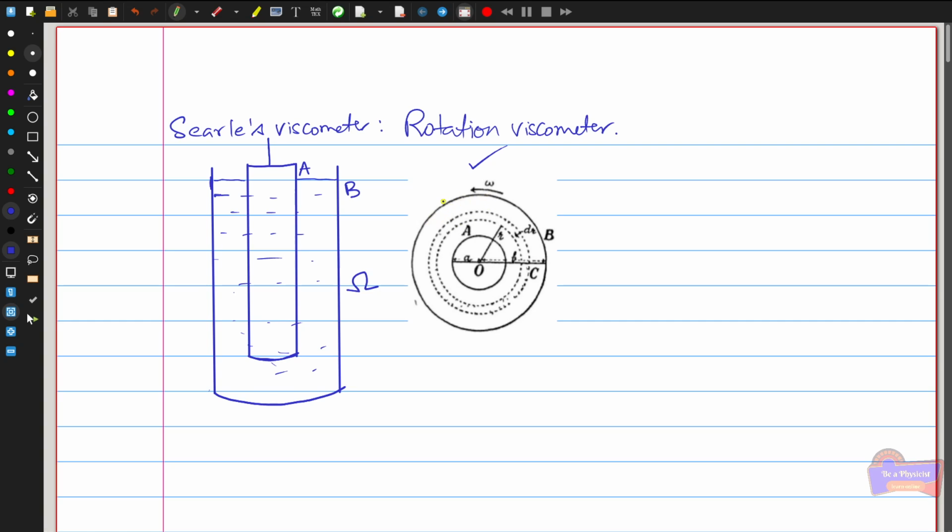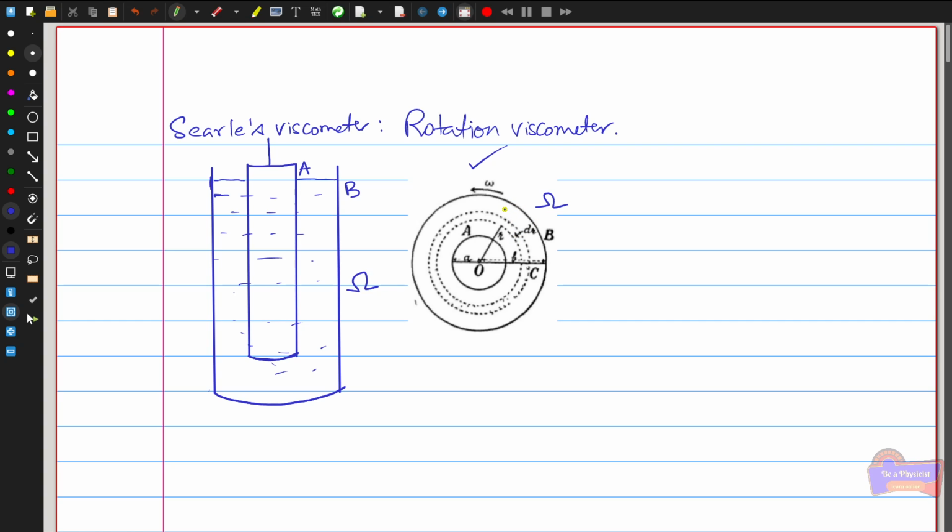The angular velocity is limited to some limit, so that the liquid between these two cylinders has laminar flow. The outer cylinder rotates with respect to the inner cylinder with angular velocity omega.